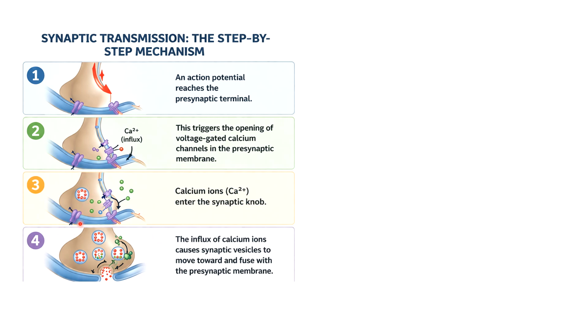The calcium ions will enter the knob space. Now this influx of calcium ions causes the synaptic vesicles to move towards the membrane, fuse with this presynaptic membrane, and then release the neurotransmitter.